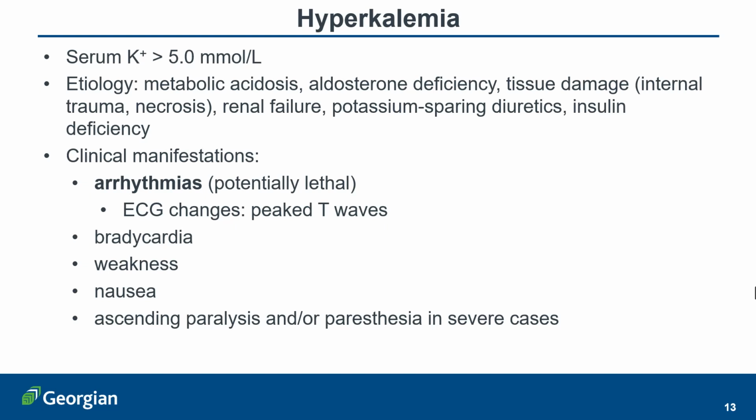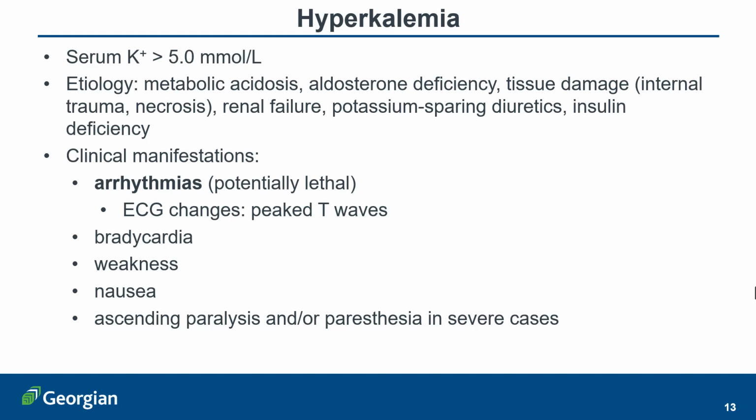Hyperkalemia is defined when serum potassium concentration is greater than 5.0 millimoles per liter. What are the etiologies? Metabolic acidosis. How does metabolic acidosis lead to hyperkalemia? Well, that has to do with how the body adjusts for the total number of protons, the acid, and potassium. In the case of metabolic acidosis, the body tries to compensate for all the excess acid in blood.